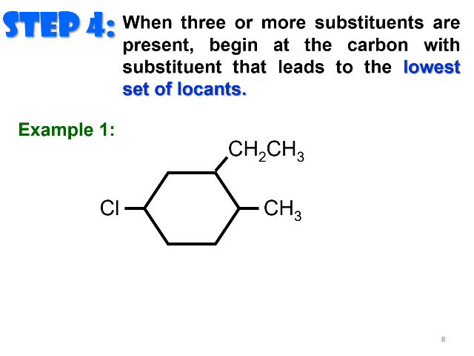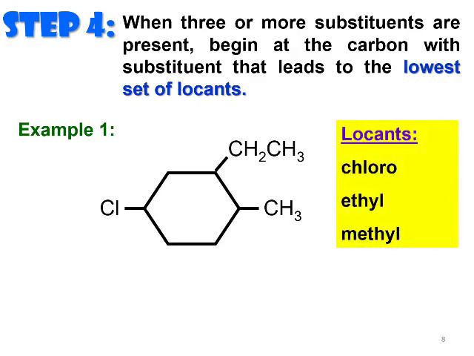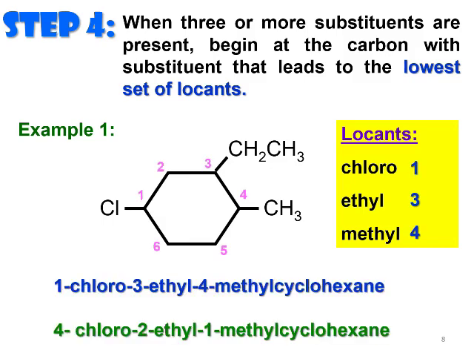Step number 4. When 3 or more substituents are present, begin at the carbon with the substituent that leads to the lowest set of locants. So we start counting from 1, 2, 3, 4, 5 and 6. So the name is 1-chloro-3-ethyl-4-methylcyclohexane, not 4-chloro-2-ethyl-1-methylcyclohexane.